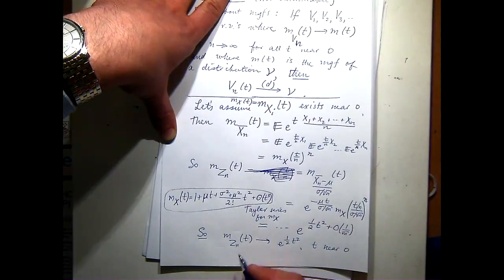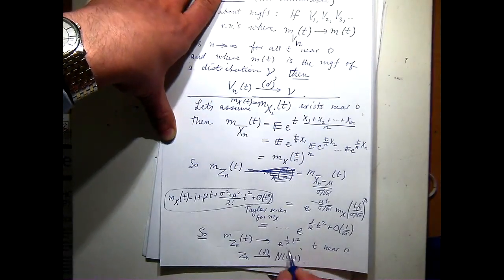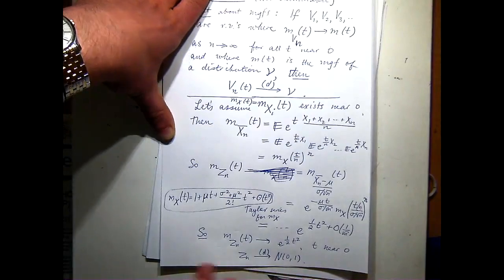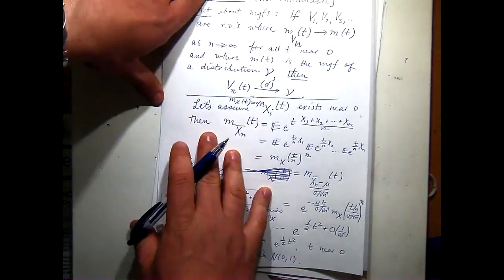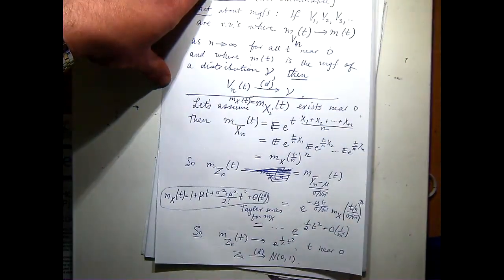And that means that Zn converges in distribution to normal 0, 1, because we've calculated the MGF. There are obviously a couple of things I didn't prove, including this fact about MGFs, and I didn't do the full algebra here. But that is a proof in the case where it works.